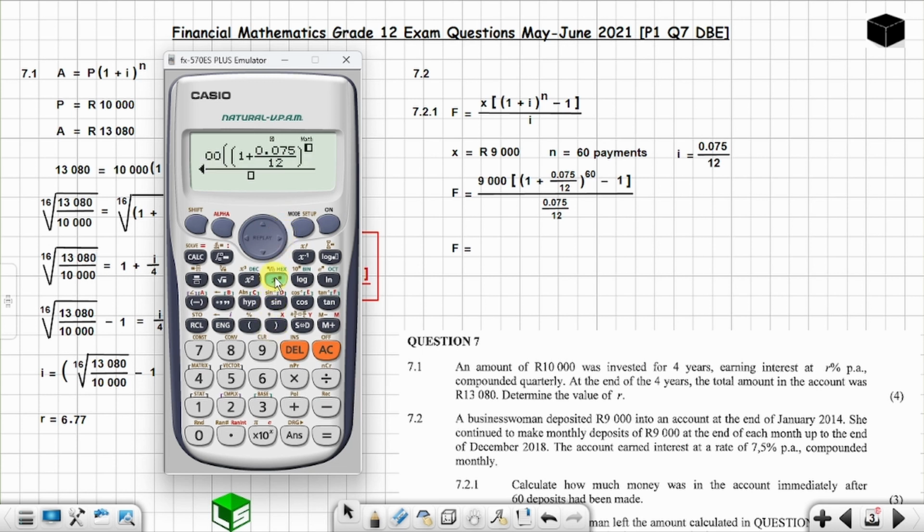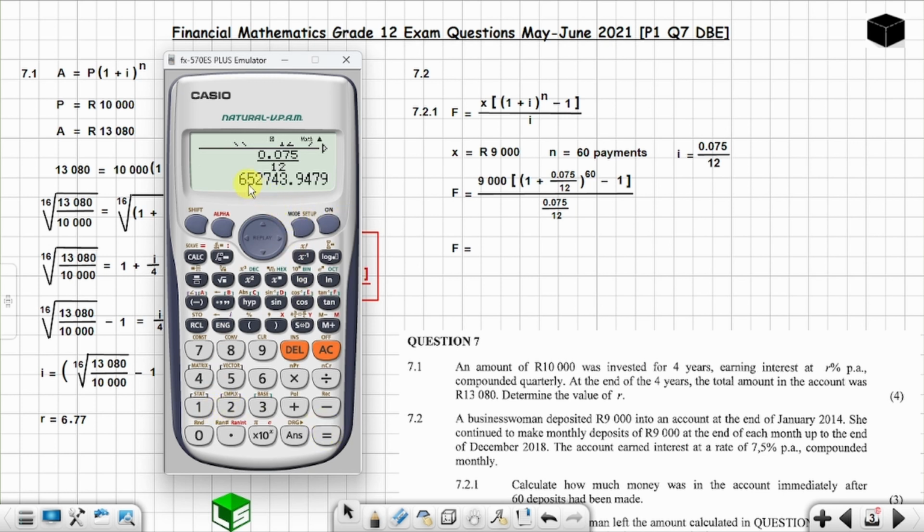Close the bracket to the power of 60. Okay, minus 1. Close the bracket over 0.075 over 12.